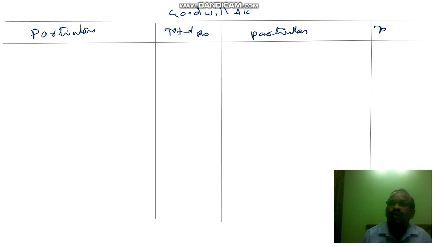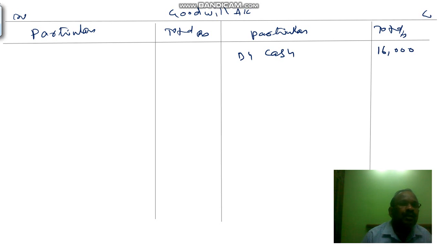Next is goodwill account. Particulars, total rupees, particulars, total rupees. So here, by cash on the credit side, because when we bring the goodwill, at that time we write the entry: cash account debtor to goodwill account.